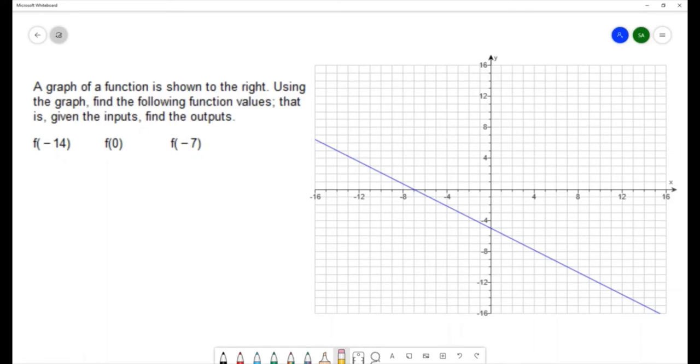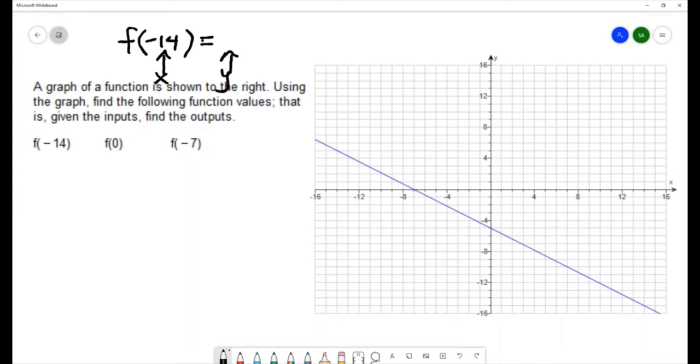So what we need to pay attention to here is understanding the notation that we see. We have this notation, which is our function notation, f of negative 14, and the meaning of this notation is the value that we have inside the parentheses is our x value, and the output is the y value.